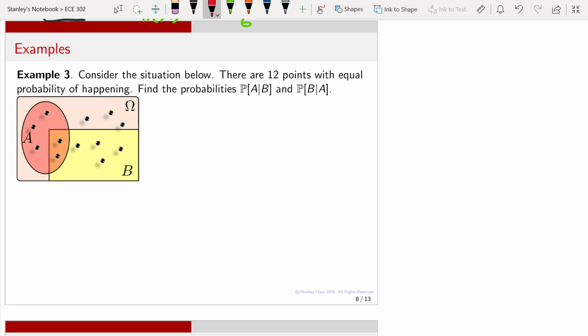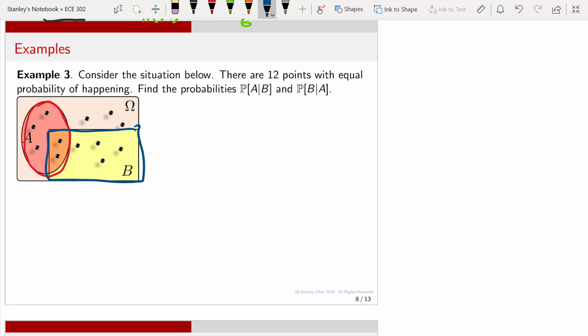They're equal. And I want to find the probability of A given B, and then the probability of B given A. Okay, so in this diagram, I have 12 points, and I have circled this region to be A, and then I have circled the other region, this region, as my B.